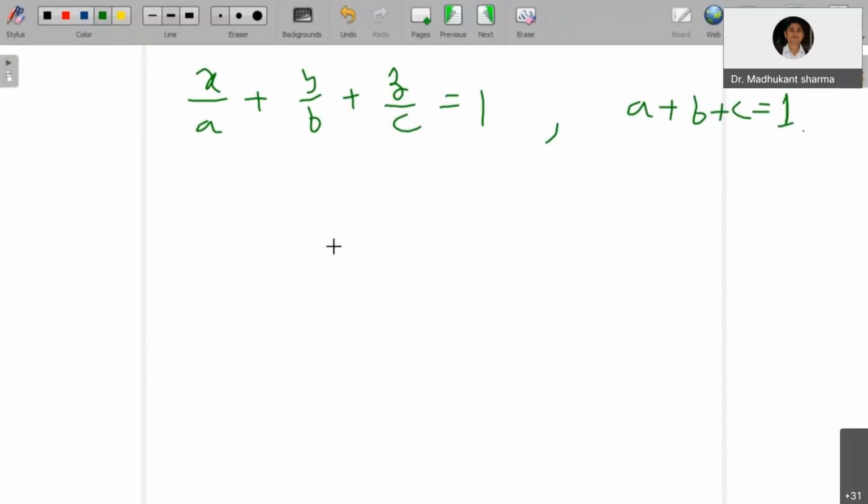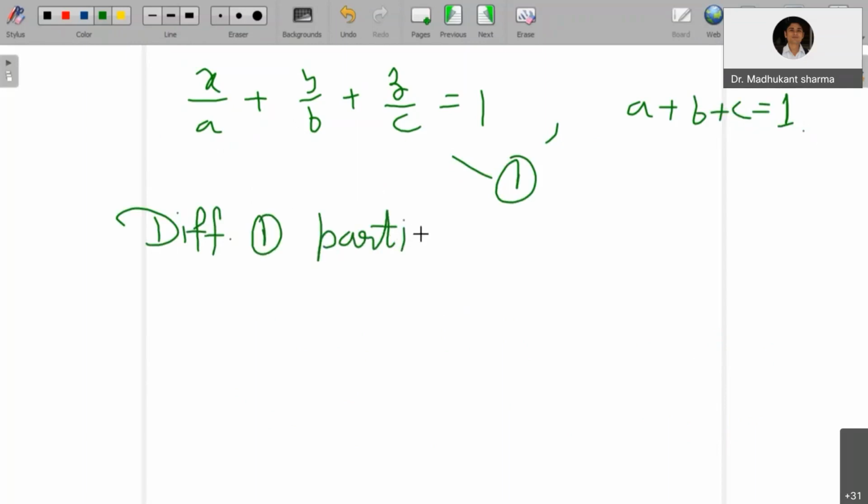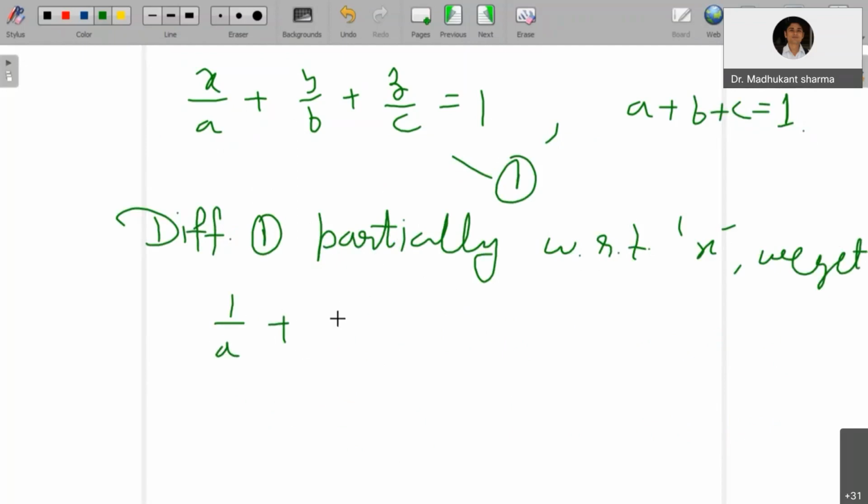Now partial derivative with respect to x. You can call this equation 1. So differentiating 1 partially with respect to x, we get 1 by a plus p by c equals 0, since zx is p.